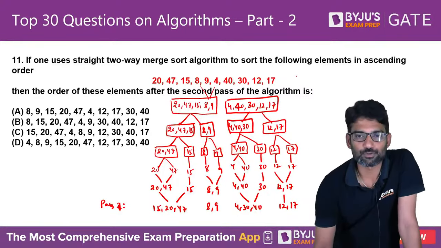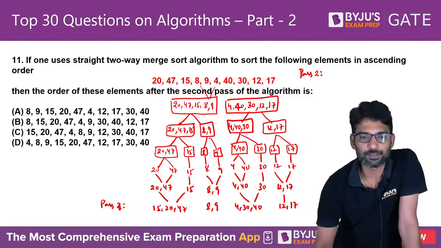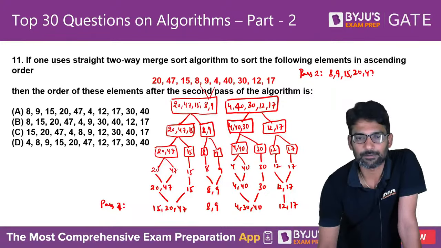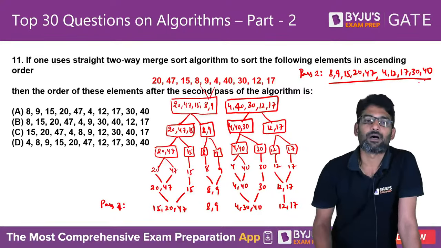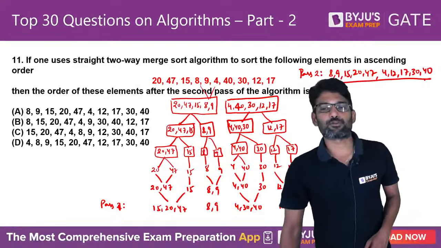Now pass 2, merge this 15, 20, 47 and 8, 9. So 8, 9, 15, 20, 47 and here these two are merged. So it will be 4, 12, 17, 30 and 40. So this would be the outcome of the elements after second pass of the algorithm.